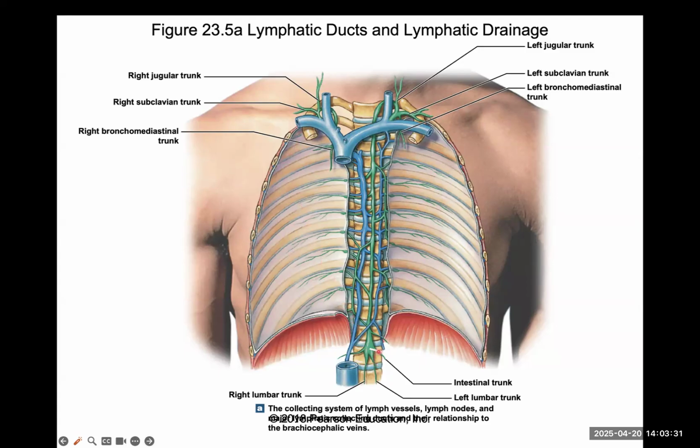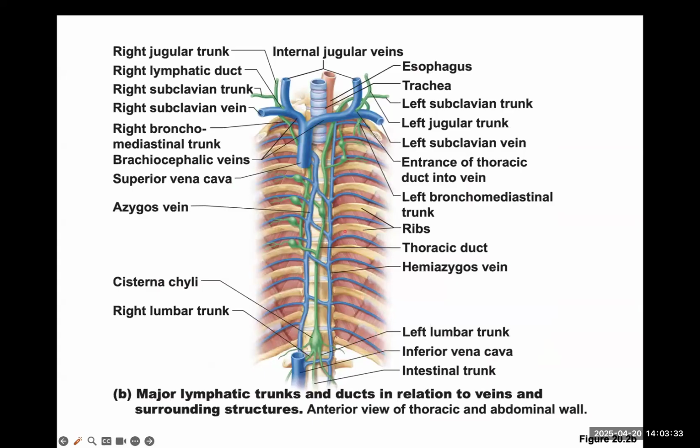That's right there, and it's going up. So here's another picture. That's your cisterna chyli. It's going up. You've got your thoracic duct going up. And you have your right lymphatic duct in this area, and your thoracic duct that's draining this part of your body.